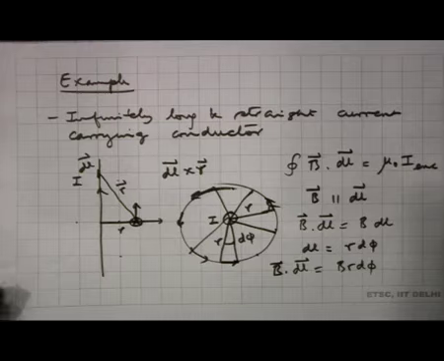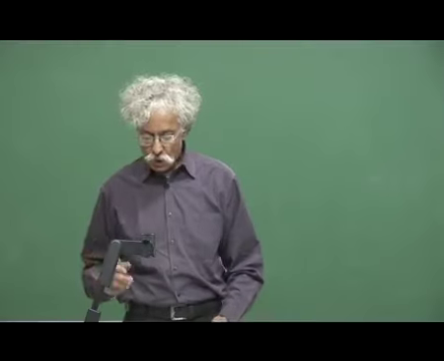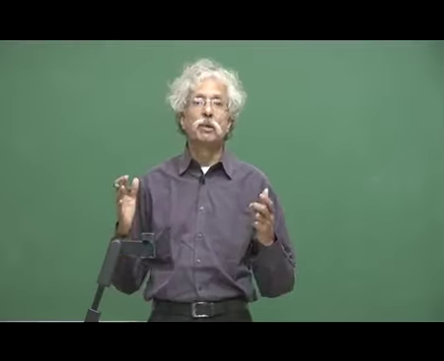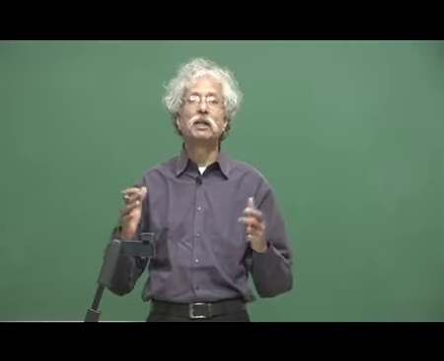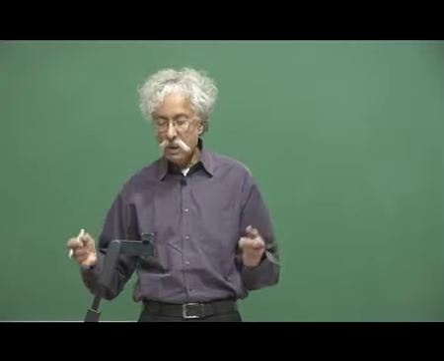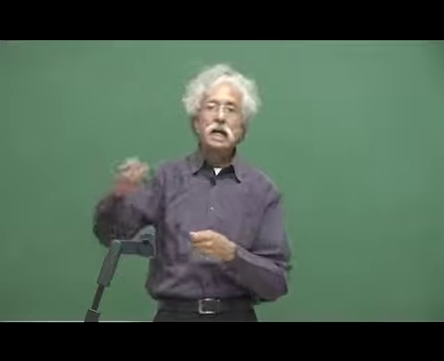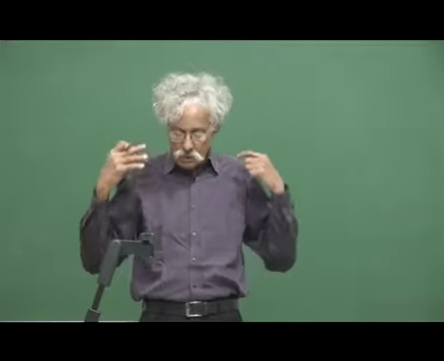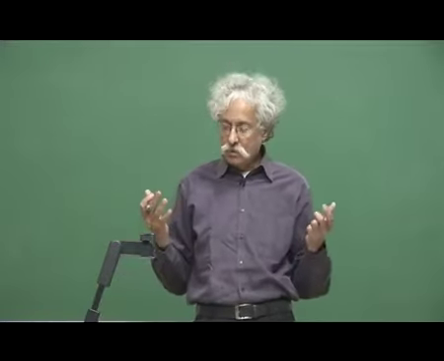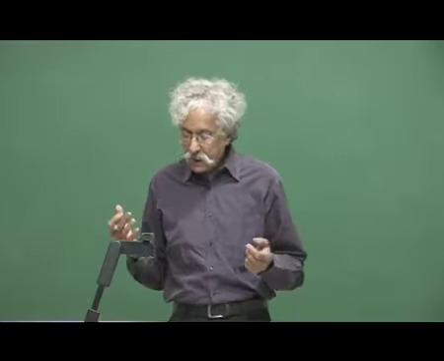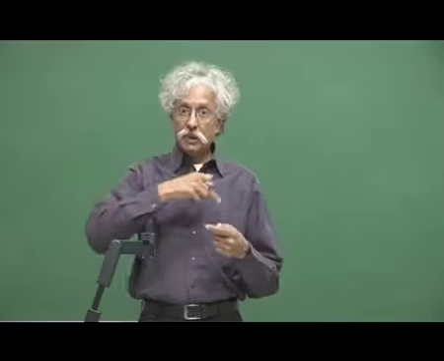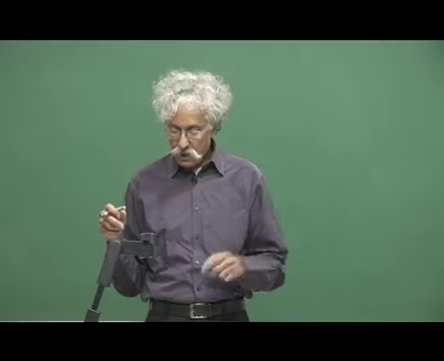I can use some symmetry arguments to find out the direction orientation of the B vector and the dependence of B on the distance from the wire, the position along the wire, the angle with respect to the wire, etc. All this I can find out through symmetry arguments, and then I choose an appropriate path of integration which will help me to take B out of the integral. This is what I have done.